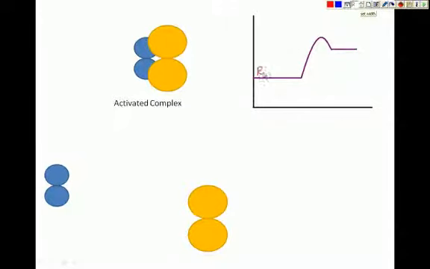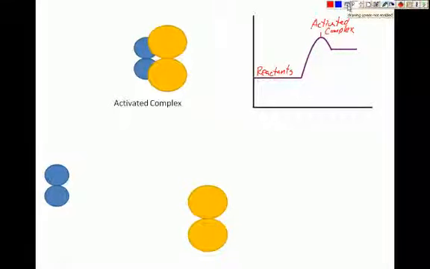At this point right here, the reactants come to hit each other, and now it has formed an activated complex. And here's the activated complex right here. It has a lot of potential energy and it's very, very unstable.